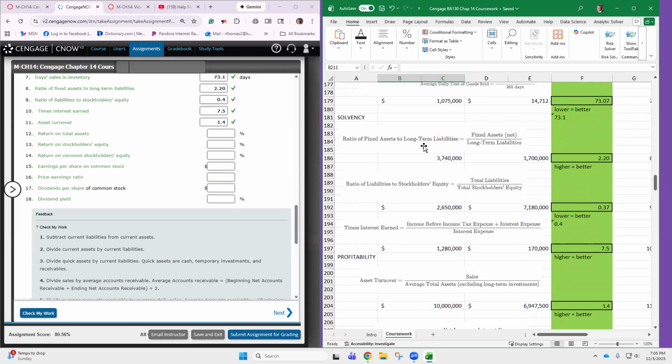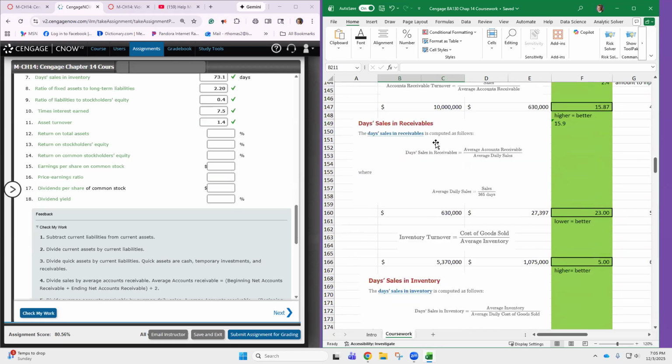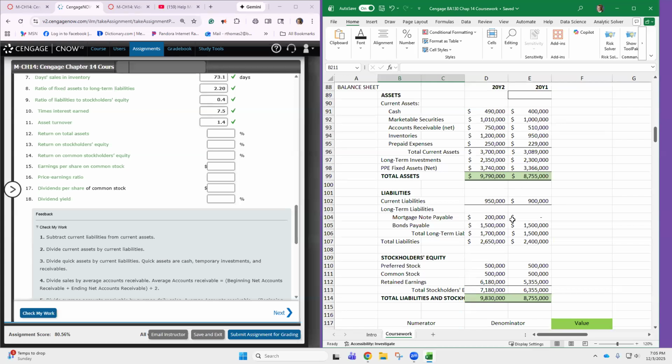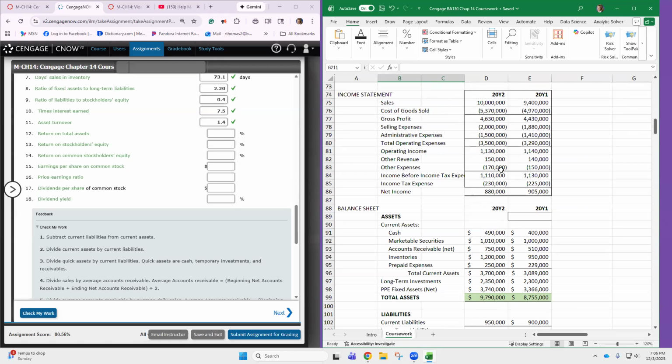Because my numbers are entered up here as negative amounts, if they're expenses. Yes, mine are entered in as negatives if they're expenses.